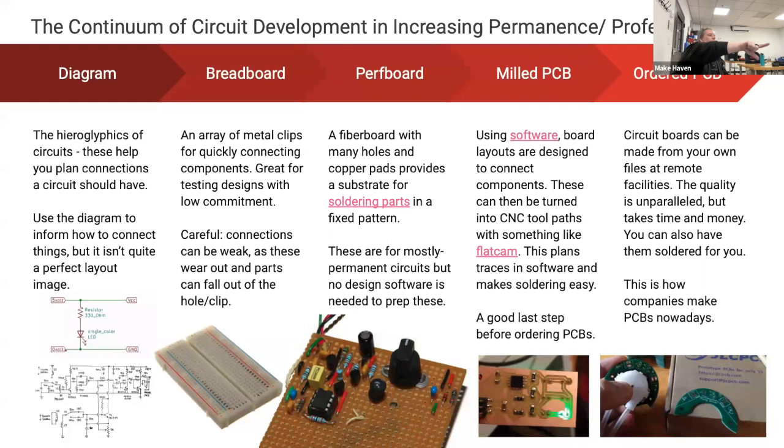They have all different spacing on the holes. So you can get ones that have holes that are really close together, ones that have holes that are really far apart. But it's not a bad idea to order the ones that have the same size as the breadboard, because then you can take your design from your breadboard, which was working, and just copy it right over onto a perf board.